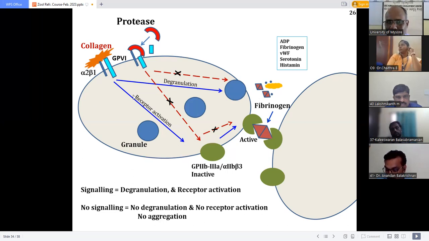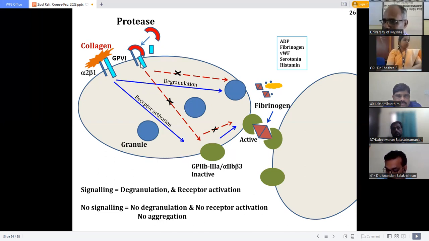So collagen does two things through signal transduction. It causes degranulation and it causes the change in conformation of the fibrinogen receptor. So finally aggregation takes place. What our protease does is, it binds to the minor collagen receptor, alpha 2 beta 1, and then it cleaves the major collagen receptor, glycoprotein 6.